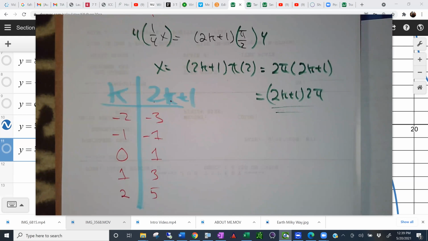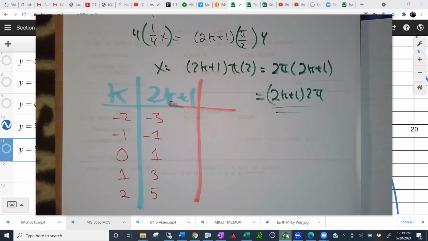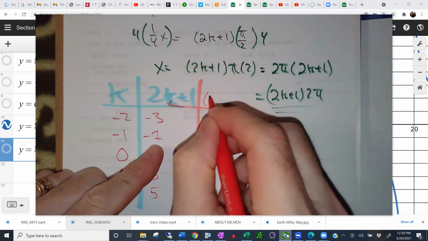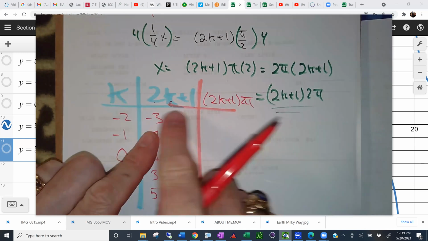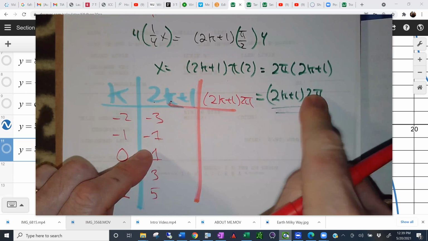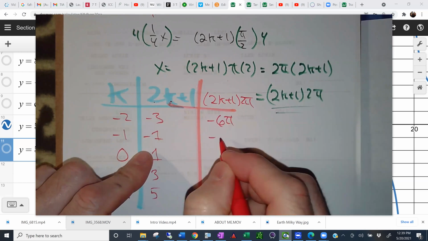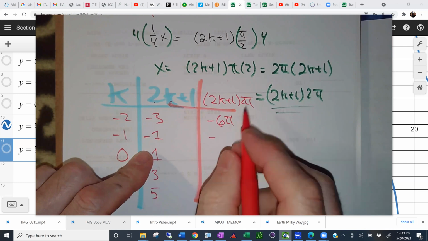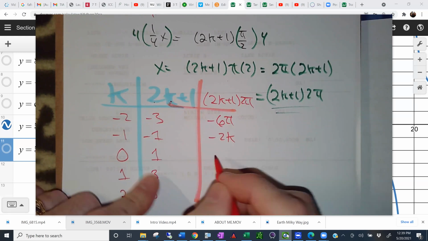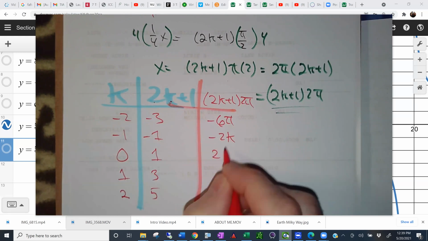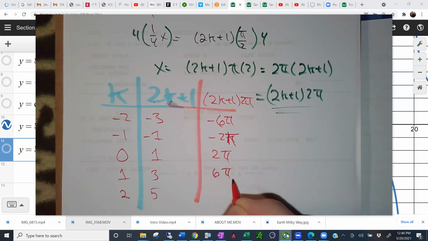And if I wanted to look at this a little bit closer, odd multiples of 2 pi, 2k plus 1 times 2 pi, that's going to be this number times 2 pi, so -6 pi, -2 pi, 2 pi, 6 pi and 10 pi.